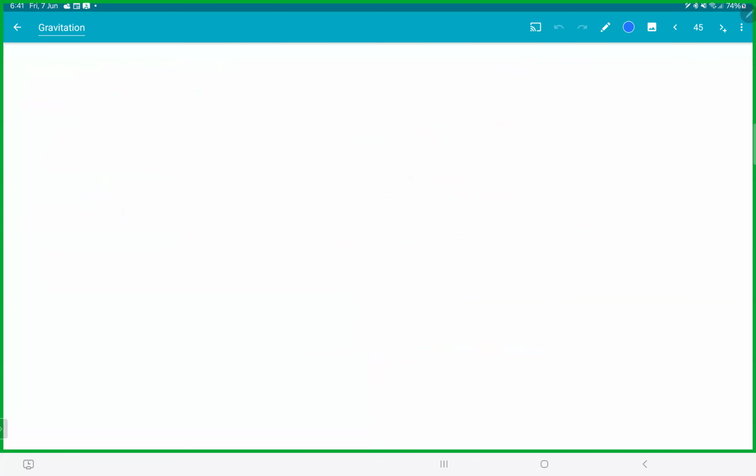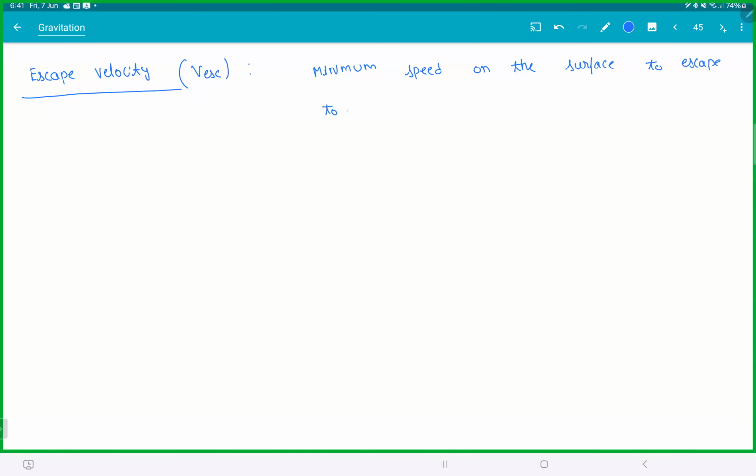Turn the page. Escape velocity is the minimum speed on the surface to escape to infinity.